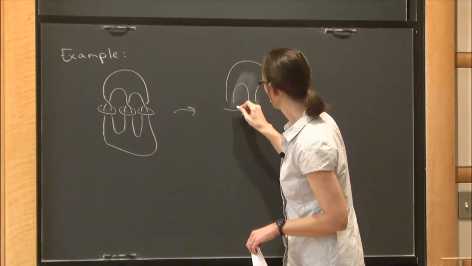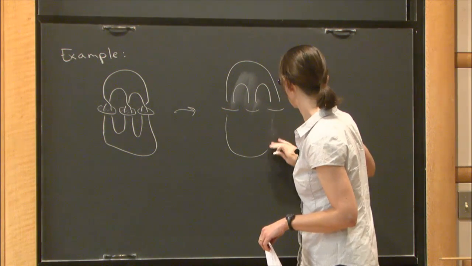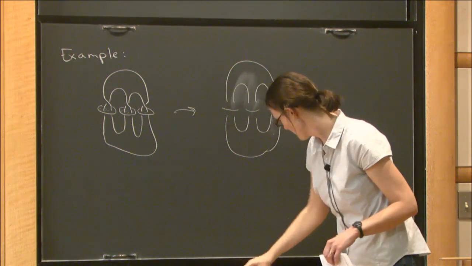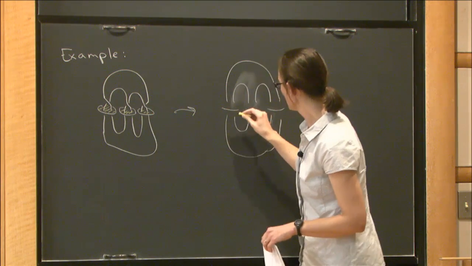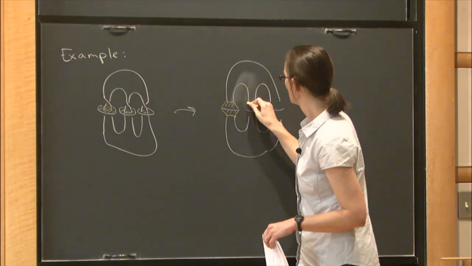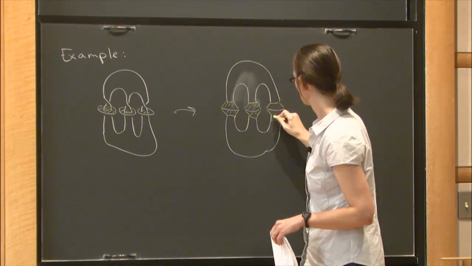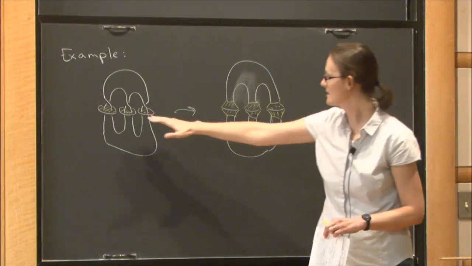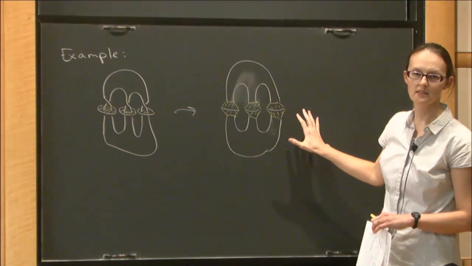When I cut and unwind, let's do this in 2 steps at once. Maybe I'll use a different color for these disks. Okay, so when I cut along the crossing disks, I unwind the half twists, and then I'm going to cut along the projection plane. And what I'm going to see is going to look like this.